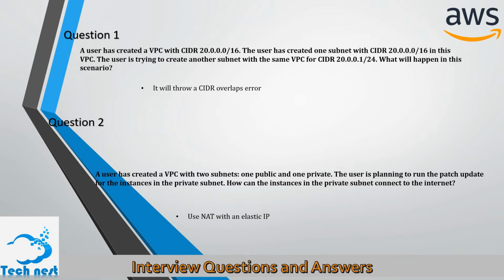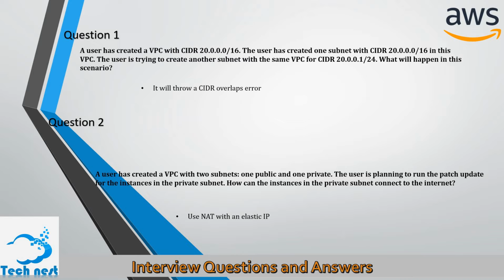What will happen in this scenario? Okay, we are creating subnets in the same VPC with the CIDR numbers which have been mentioned here. This will throw a CIDR overlaps error.